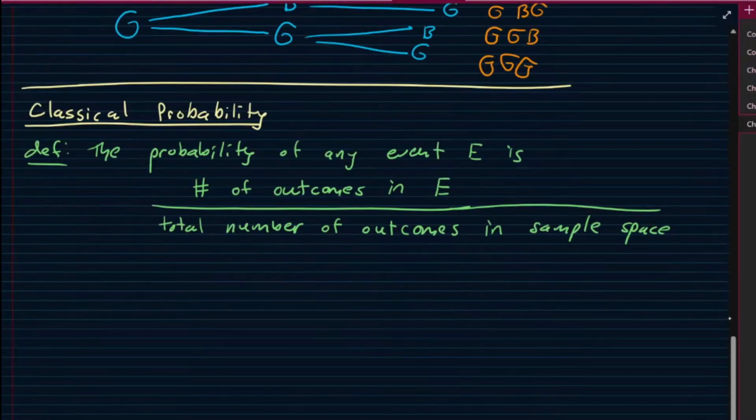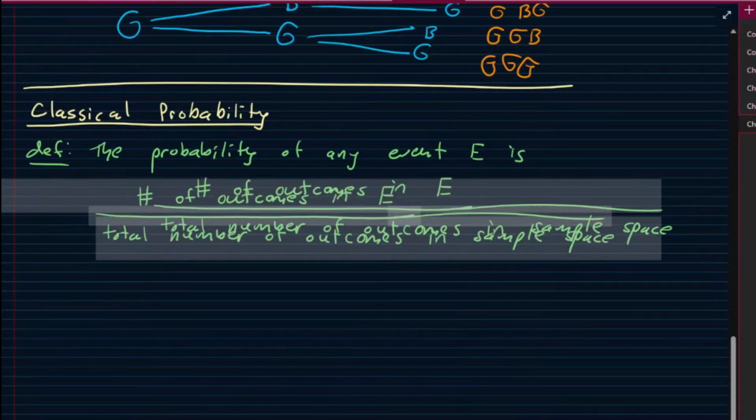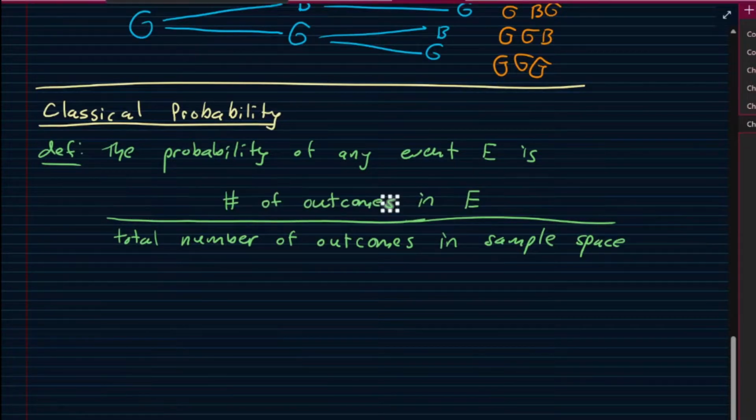Okay, it's the number of outcomes in E over the total number of outcomes in the sample space.